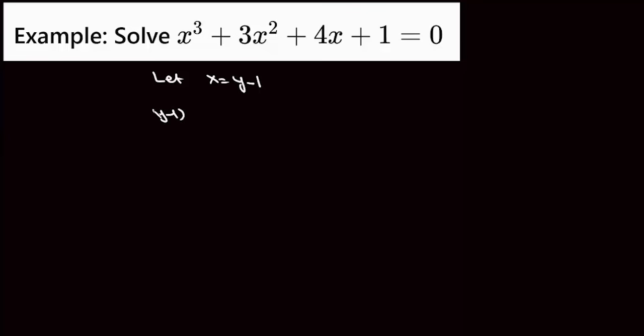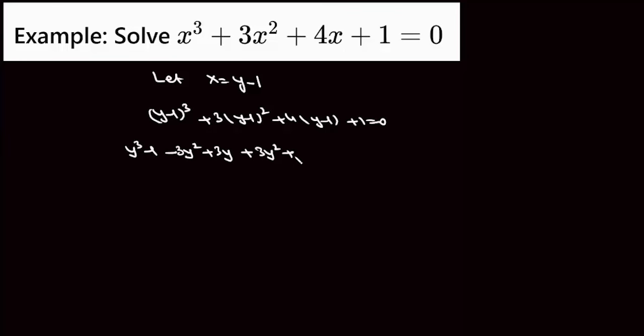So it will be (y minus 1) cube plus 3 (y minus 1) square plus 4 (y minus 1) plus 1 equals 0. So it will be y cube minus 1 minus 3y square plus 3y, plus 3y square plus 3 minus 6y, plus 4y minus 4 plus 1 equals 0.